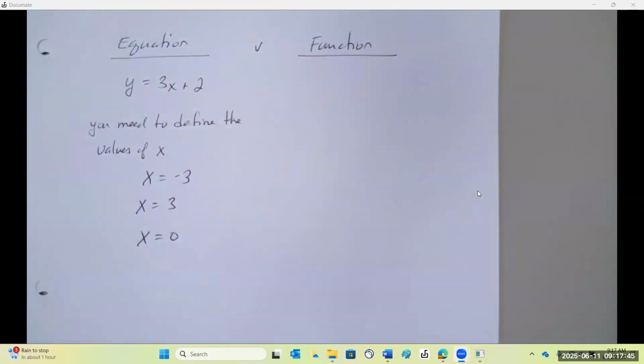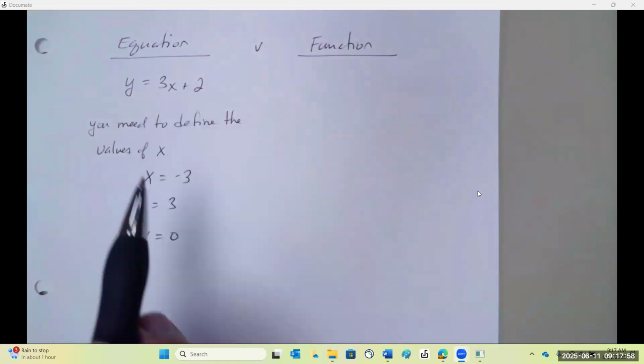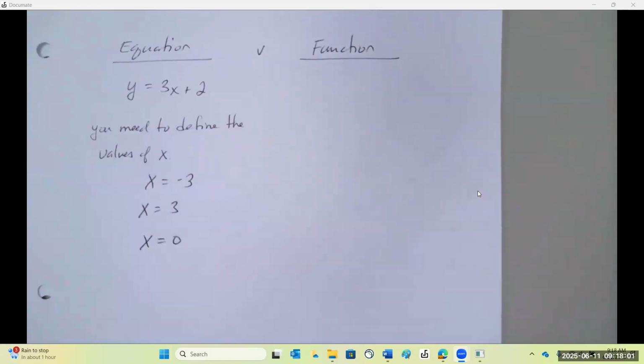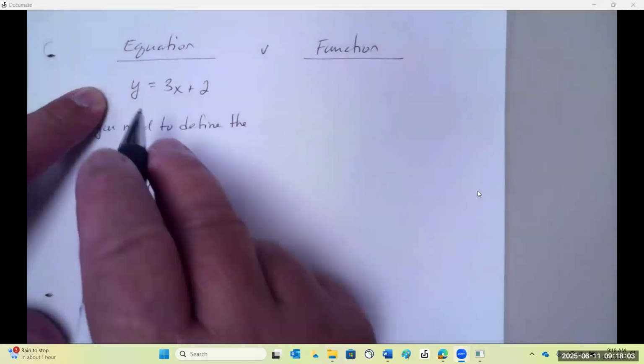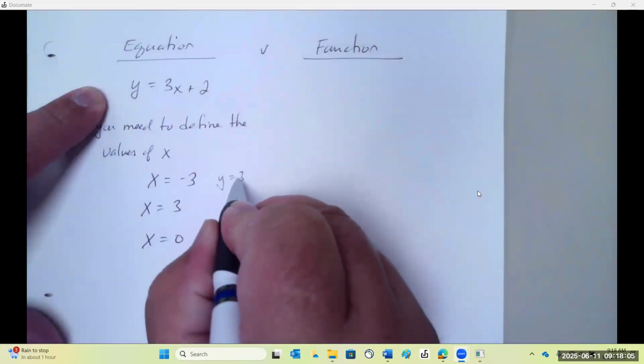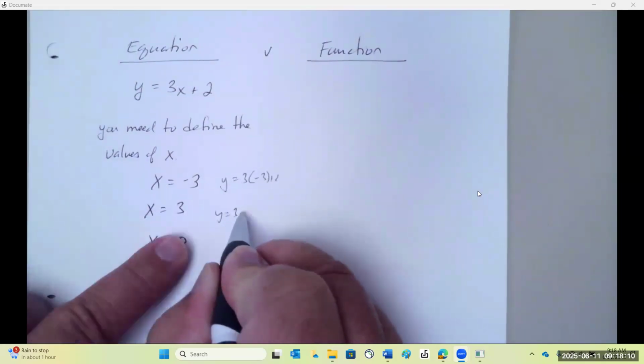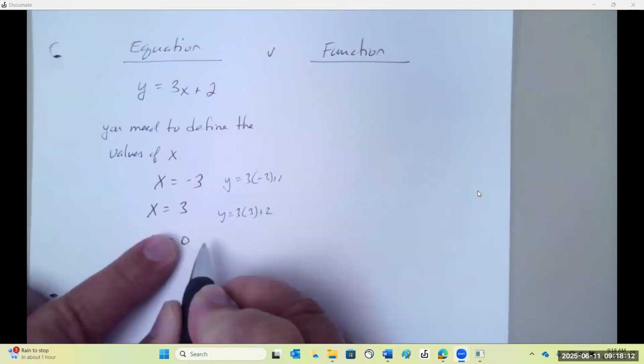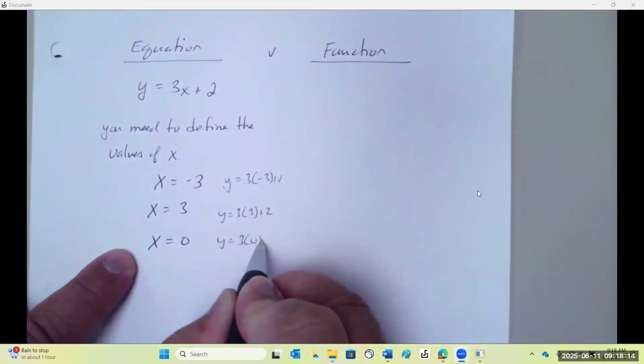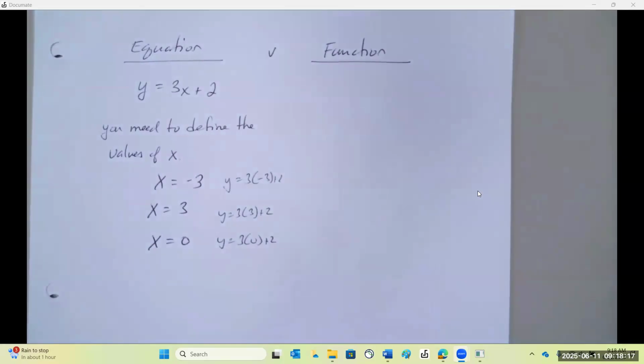Like that. Yeah, that's okay, but it's a lot of extra writing. We have the equation, you have to say x equals. Because once you have this, then you come up here and put y equals 3 times negative 3 plus 2. Y equals 3 times 3 plus 2. Y equals 3 times 0 plus 2. That's what it means, right?